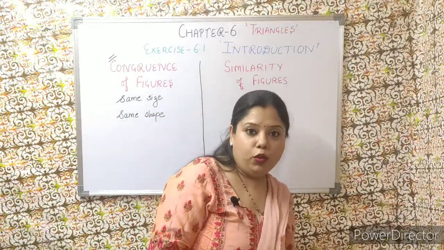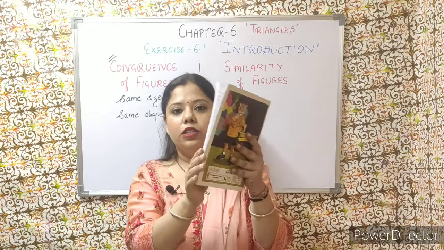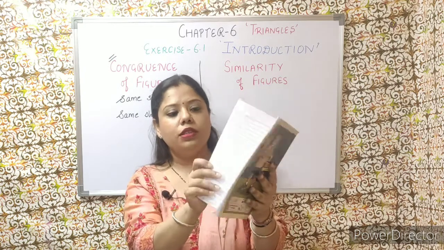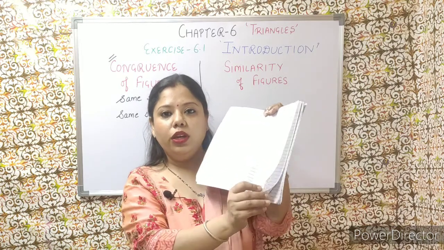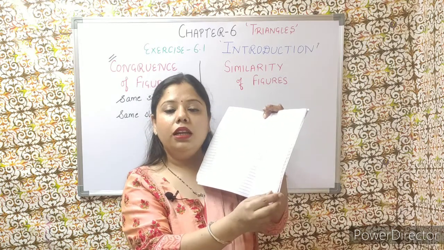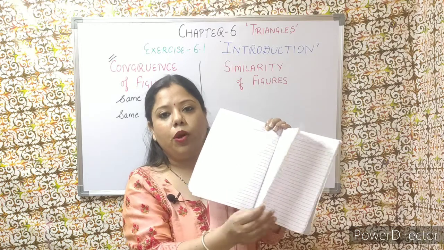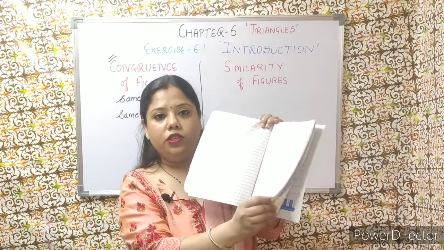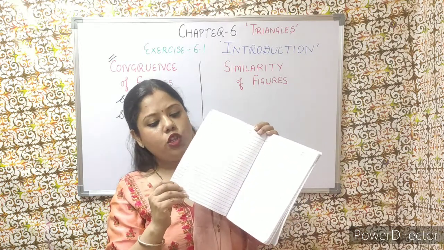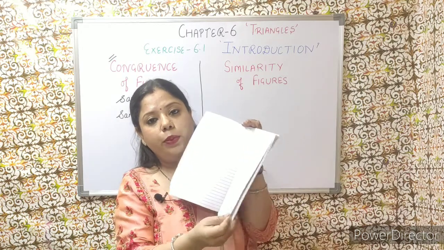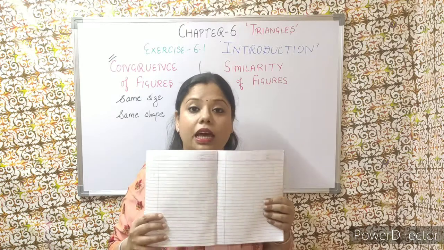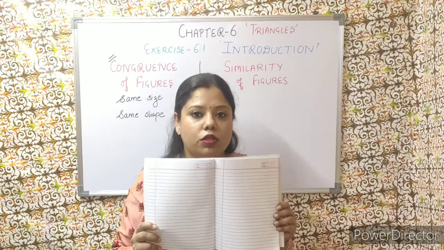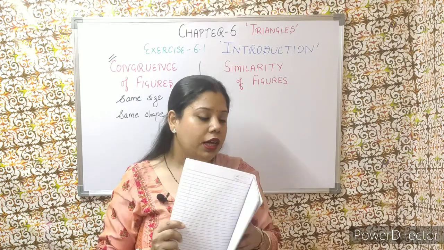I will give you one more example, like this notebook. You all have notebooks. All the pages of the notebook are congruent to each other because they cover each other properly. Whatever pages you go to, each page will cover the other page properly. They are rectangular in shape, so they are congruent to each other.